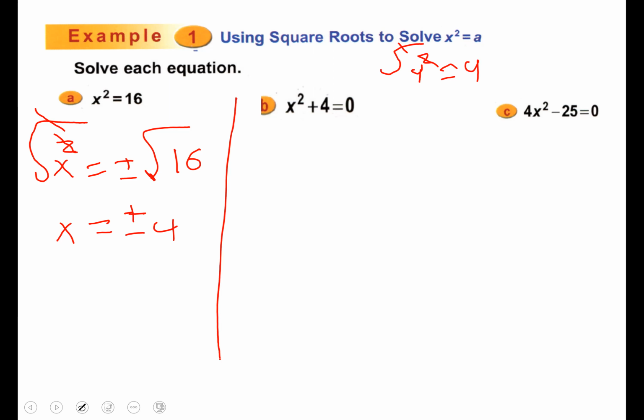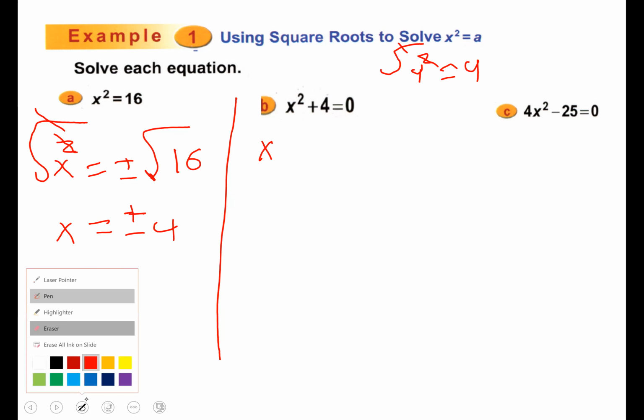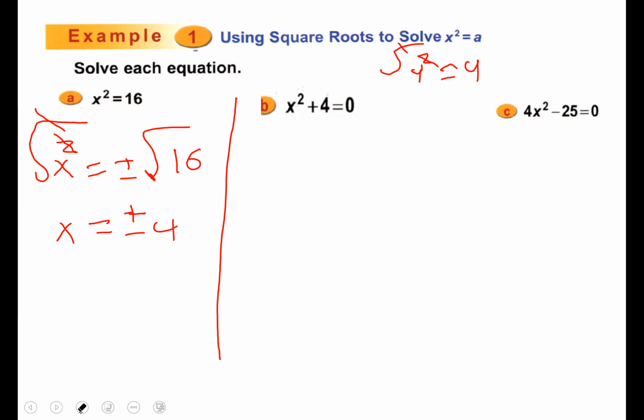Letter B. x must be on one side, and the numbers on the other side. That's why first, what should you do? You are going to subtract 4 from both sides, because you want to cancel out positive 4. Positive 4 minus 4 equals 0.